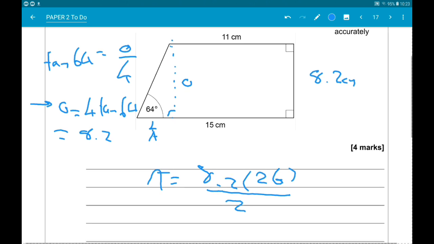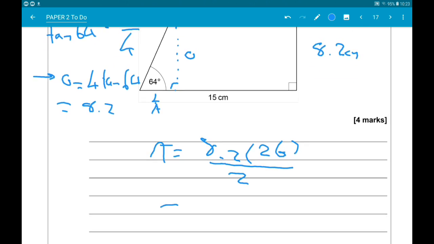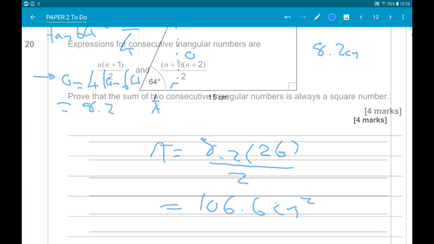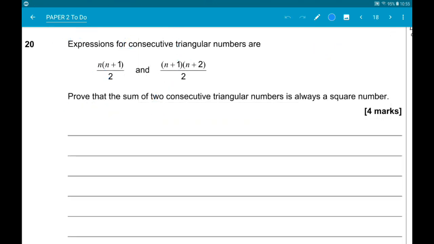Now that gives us 106.6 centimeters squared. For 20, here we have algebraic proof, so I have a whole playlist again of downloadable past paper exam questions linked down below.